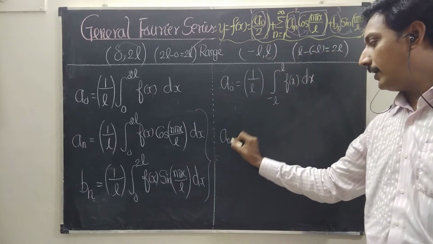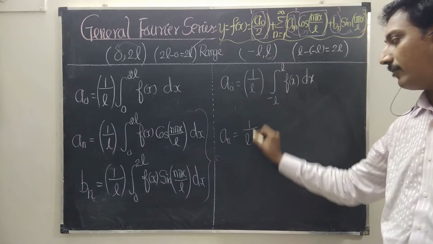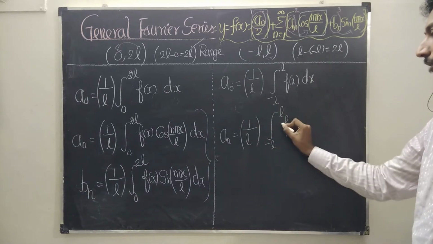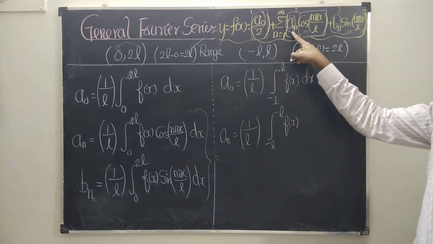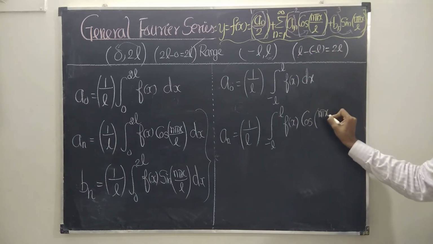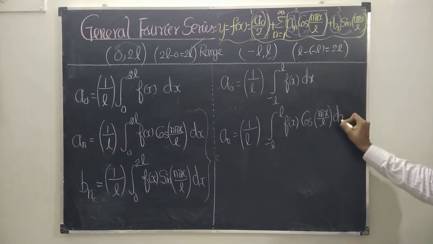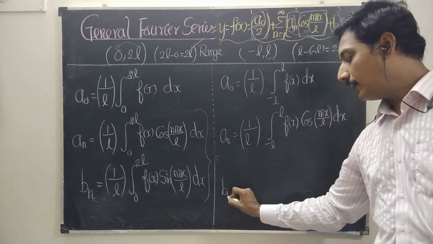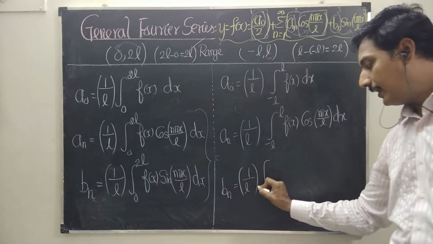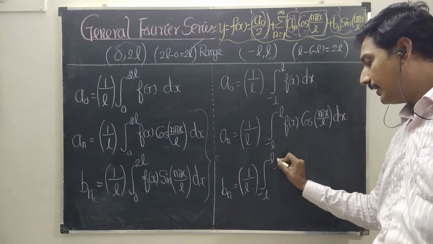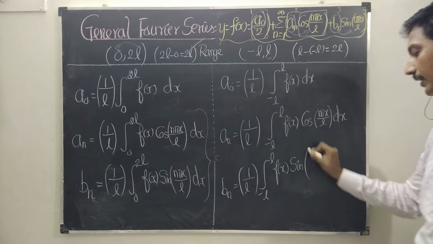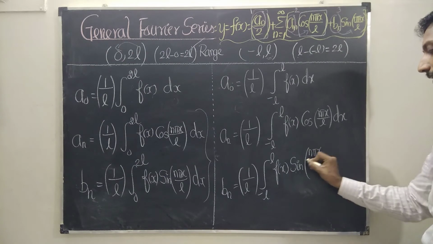What about An? An is the same case: 1 by L, integral minus L to plus L, f of x. Anyhow, An is the coefficient of cos n pi x by L, so we include cos n pi x by L dx. Similarly, we get the Bn formula: 1 by L, integral minus L to plus L, f of x sin n pi x by L dx.